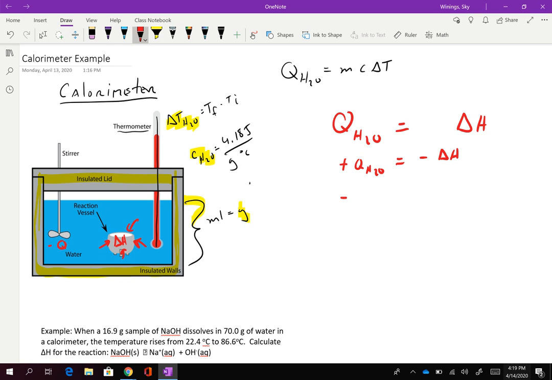So in this scenario, you have a negative Q equals a positive enthalpy. What you do first is you always solve for the Q of water, and then you'll have your enthalpy because it'll be the opposite sign of it. So the strategy is always solve for your Q of water first.